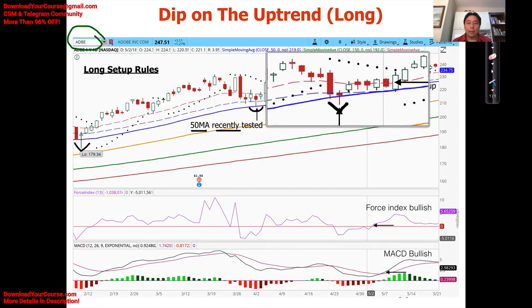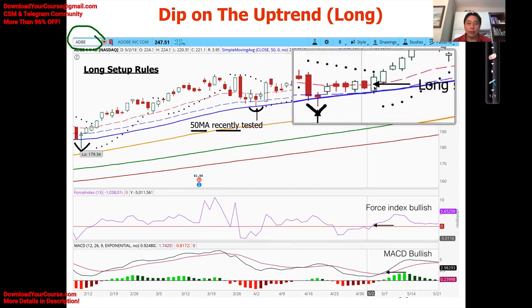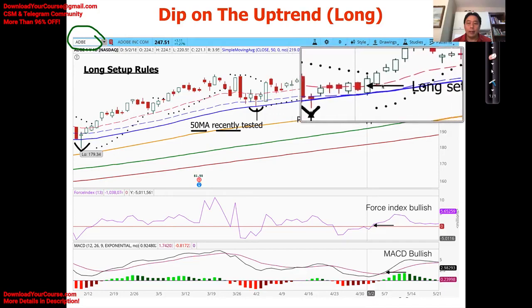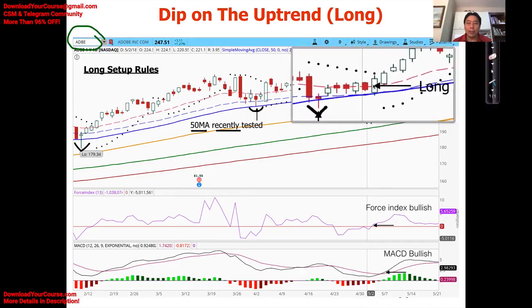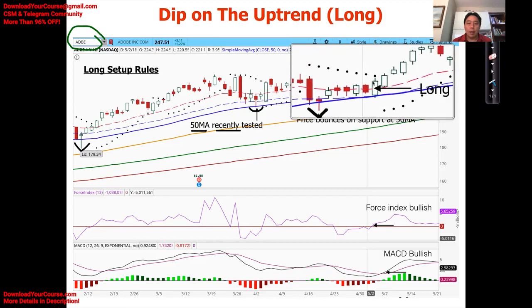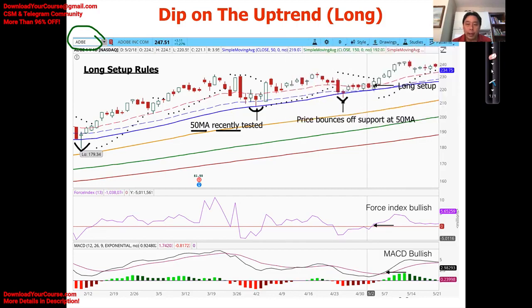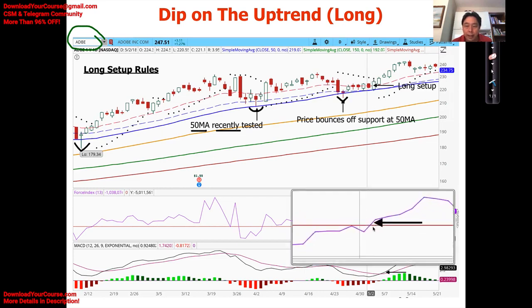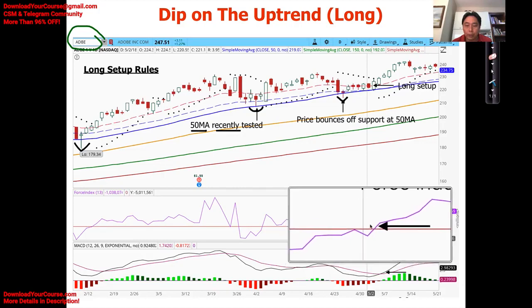So again, we want to wait for one of them to turn bullish. Now, when does it turn bullish? Over here. And that's why I indicate this as the long setup has been fulfilled. At this bullish candle, notice that the parabolic SAR is still bearish, right? But notice the force index has crossed bullish above the red baseline.